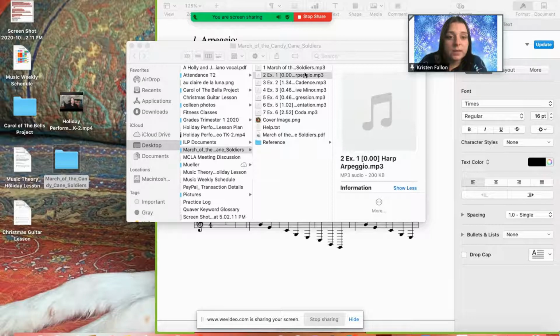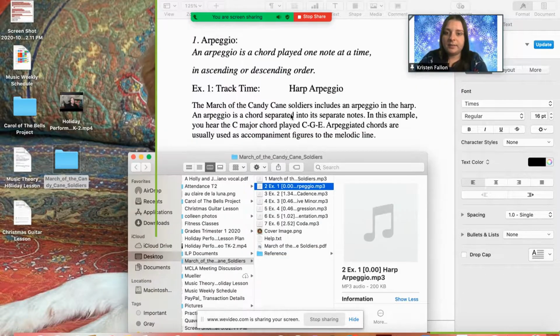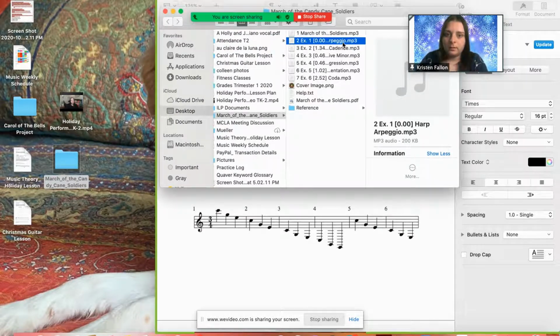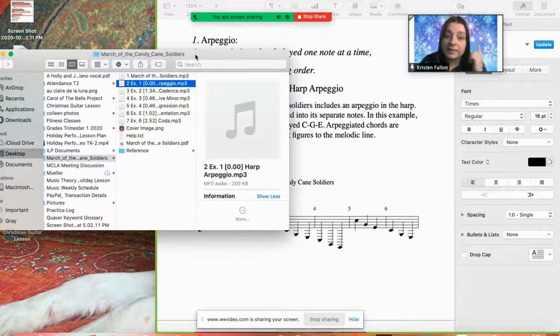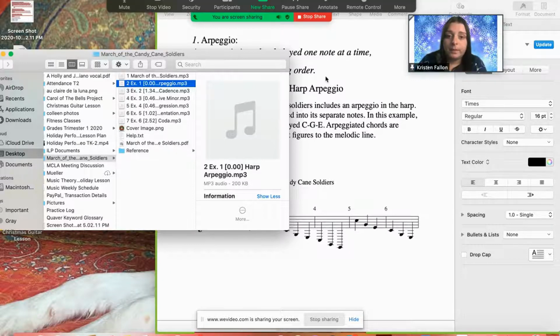Let's listen to it one more time. You can hear it starting up nice and high and coming down low. I'll try to show that. All right. So that is our arpeggio. That's the sound clip that you're going to be listening for. Let's keep going.